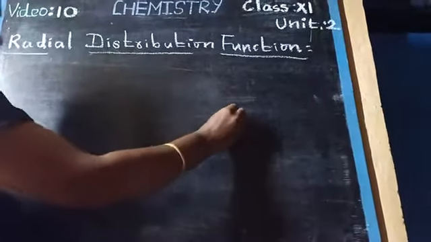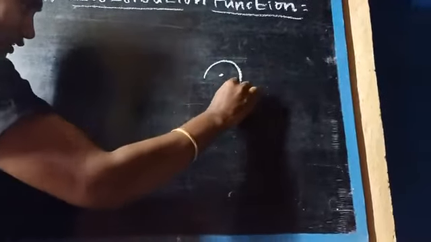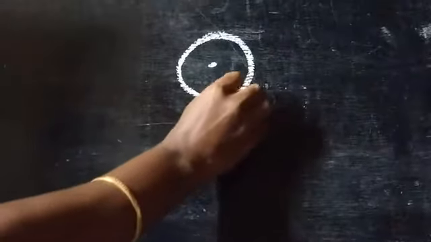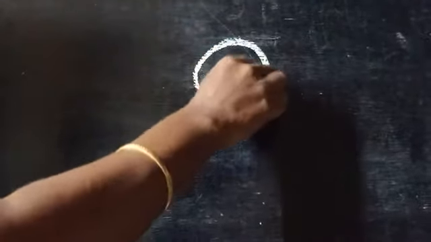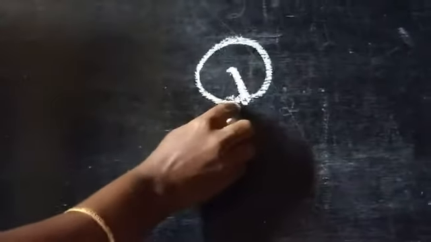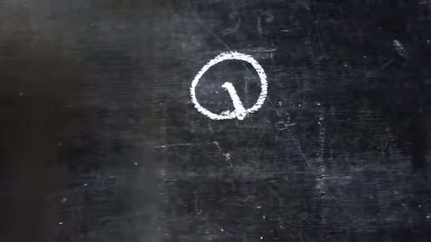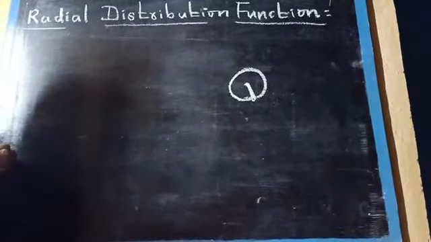You know the concept: the center of the atom is the nucleus, and the electron revolves around the nucleus. Now the electron is present here or here, wherever. So to find the distance between electron and nucleus, this is the aim, that is, we talk about the radial distribution function.